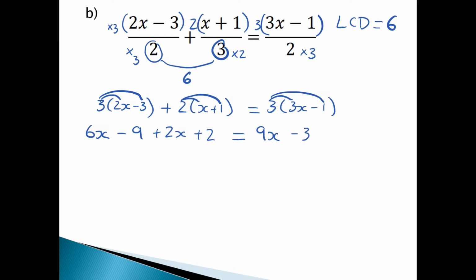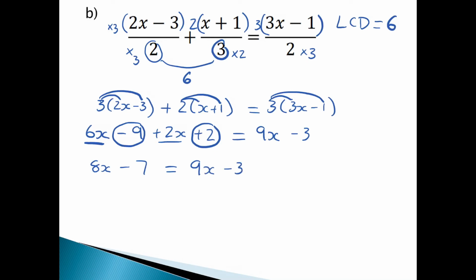Now I want to consolidate my like terms on the two sides. 6x plus 2x is going to give me 8x, and then negative 9 and positive 2 is going to give me negative 7. And that's all equal to 9x minus 3.